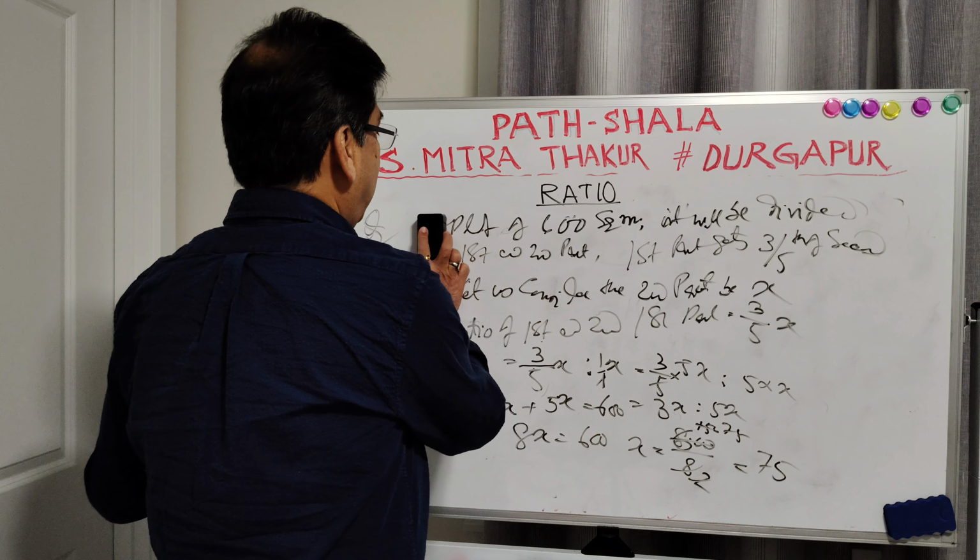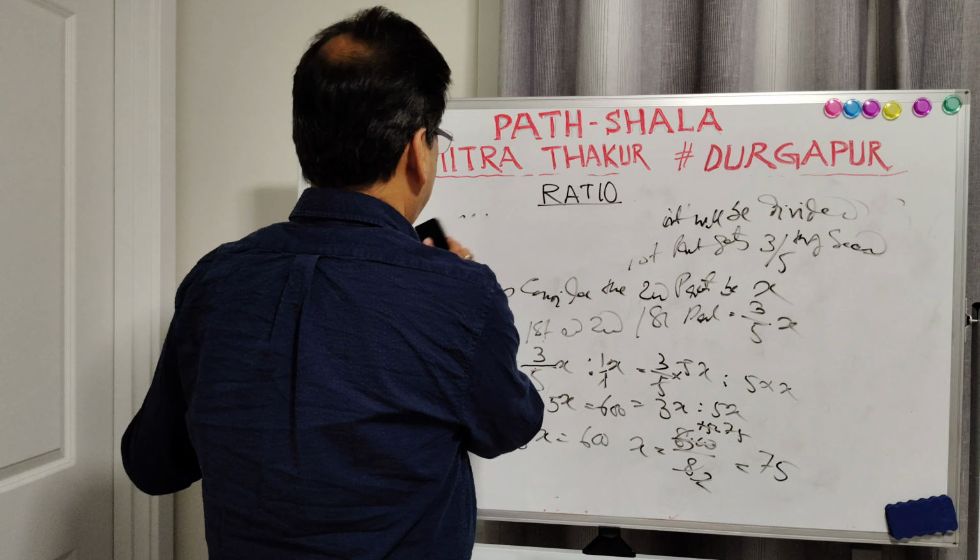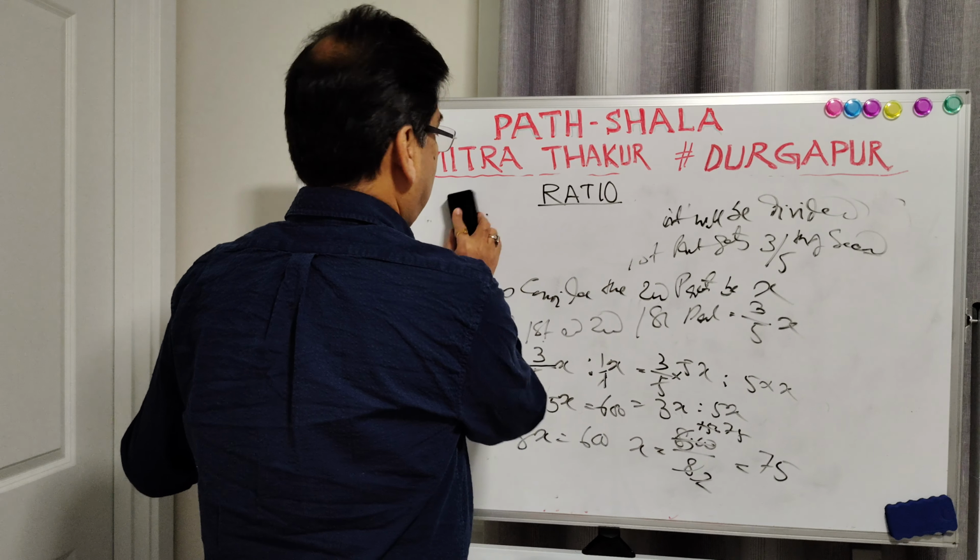So the first part is 3x and the second part is 5x. So the first part will be 3 into 75 and the second part will be 5 into 75.